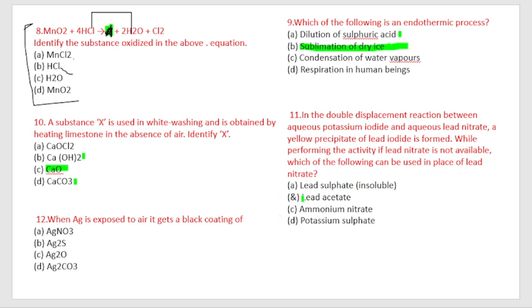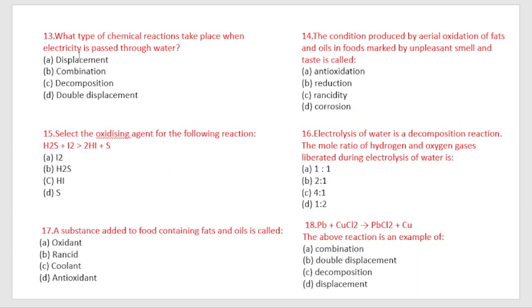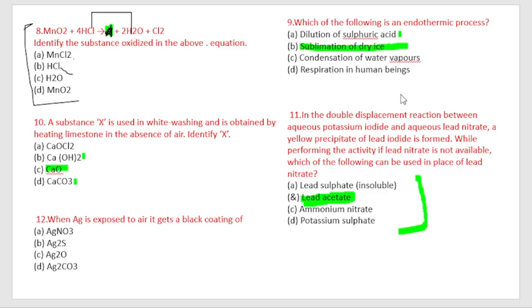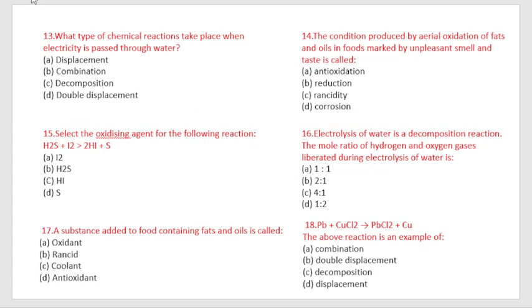We can use lead acetate. Okay, we can use lead acetate. This is not actually mentioned in our textbook. Just learn this as it is. The reaction with lead nitrate is clearly specified in our textbook. Okay, learn that equation and the reaction.